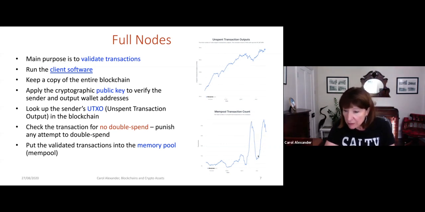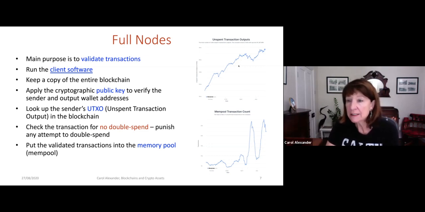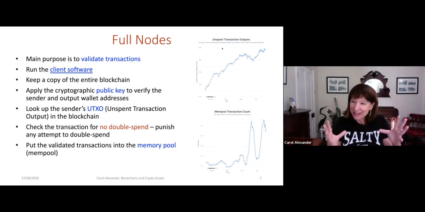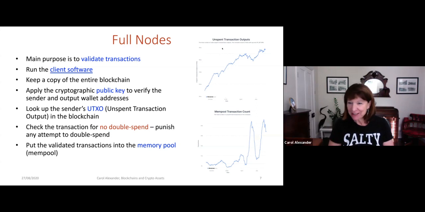But normal level, apart from these peaks, is around 10 to 15,000. And the UTXO count is growing. This is the total number of valid ones, but it's not the amount of Bitcoin. You could have 50 Bitcoin in one UTXO or more. We've seen in the Bit Bonkers that some of those balls were really big, with thousands of Bitcoin in the transactions. So that would just be one UTXO, okay?